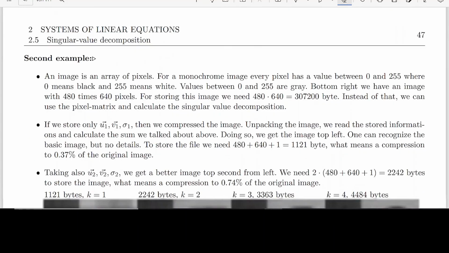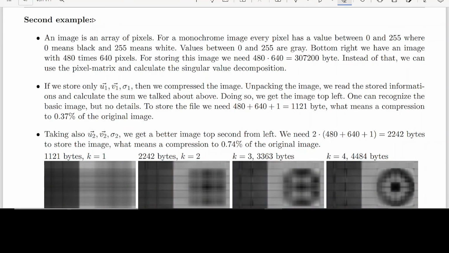Okay, and now a second example, we take an image which is an array of pixels. If it's monochrome, that means a gray scale image, not red, green, blue with colors, but only gray, then you have an array of pixels. And what are the values of the pixels?